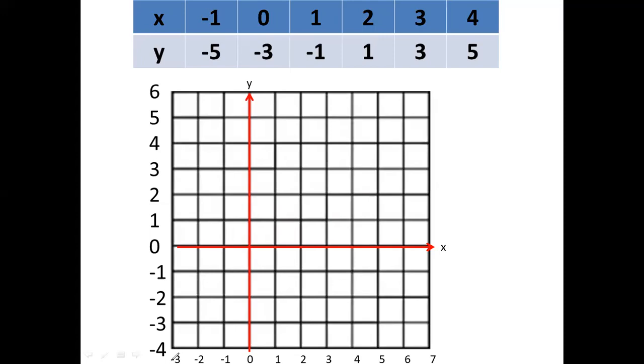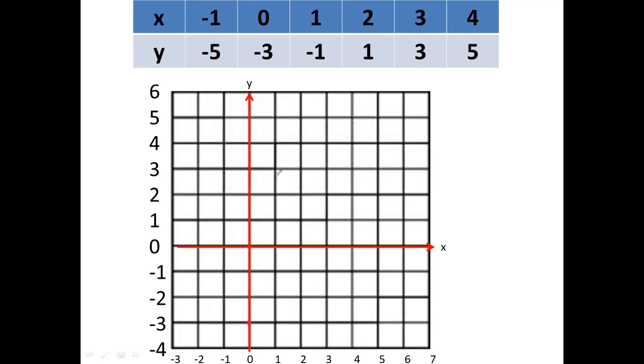When your x is 0, y is -3. So 1, 2, 3. Therefore, you have it in here, -3. So this one.